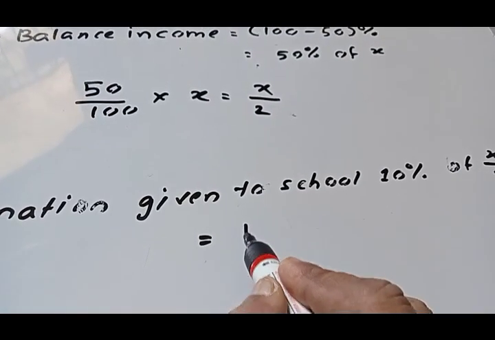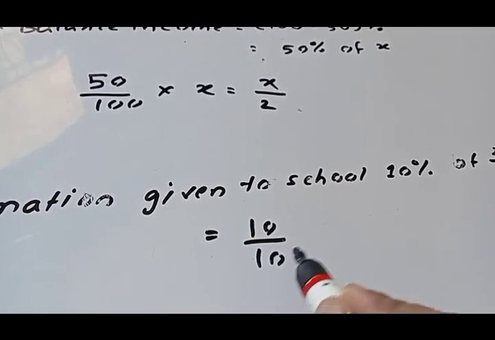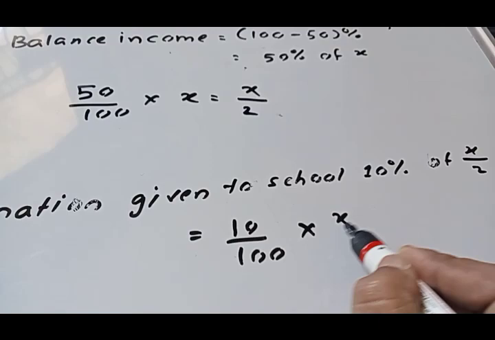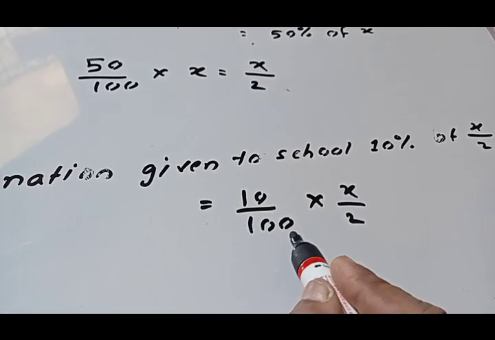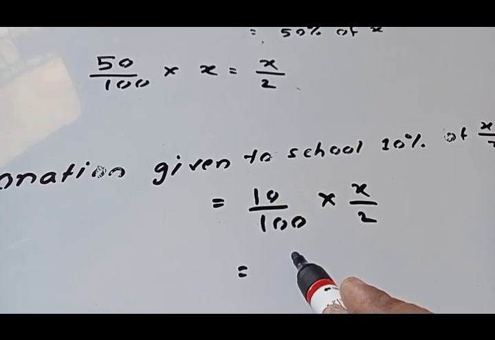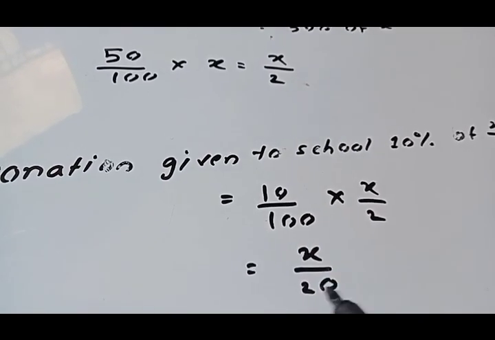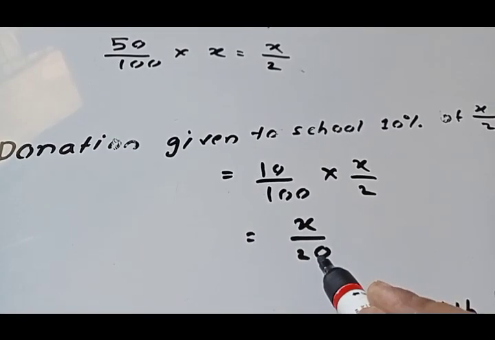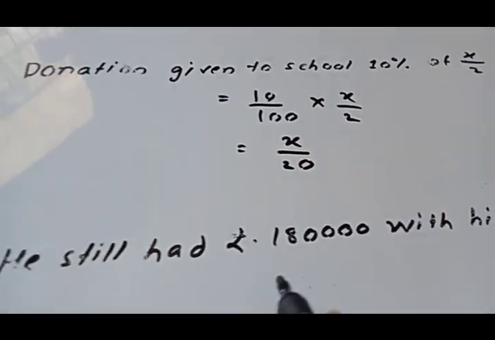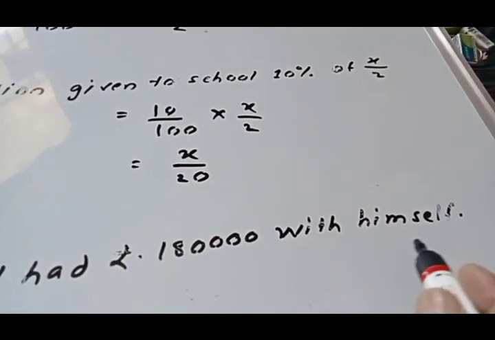So 10 upon 100 into X upon 2 gives X upon 20. Then he still had rupees 1,80,000 for himself as balance.